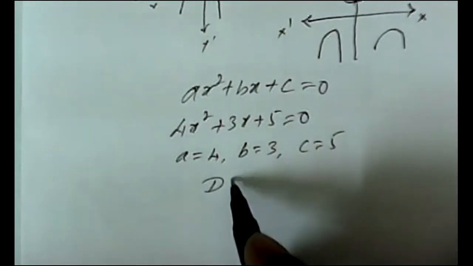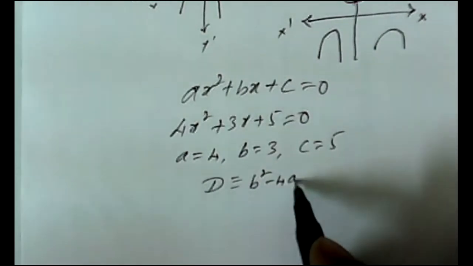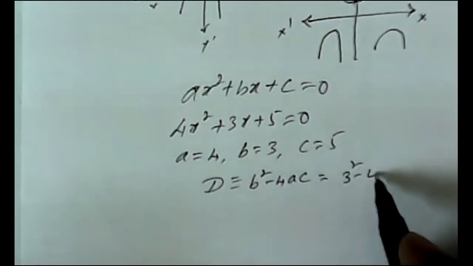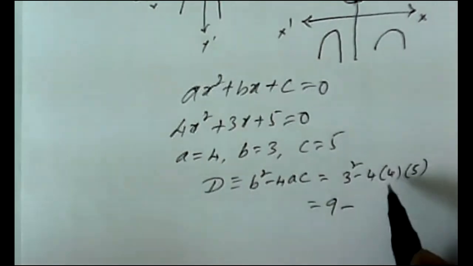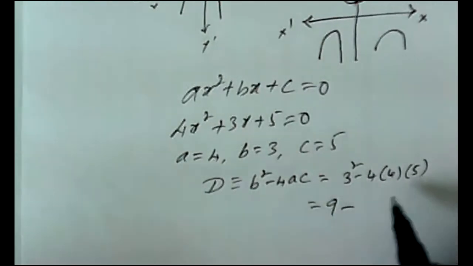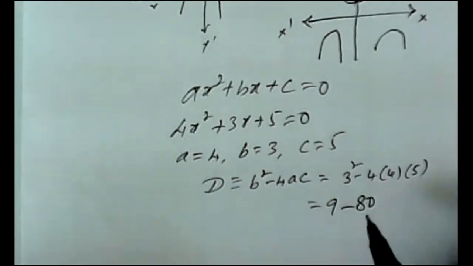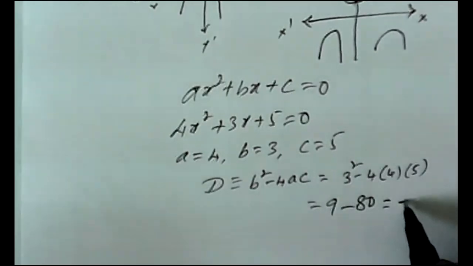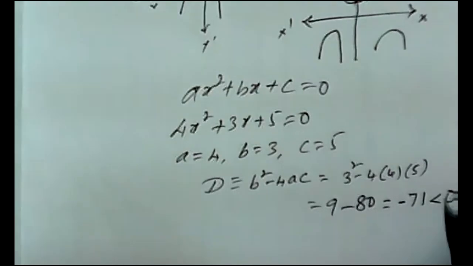So let's find our discriminant, which is identically equal to b square minus 4ac, equals to 3 square minus 4 times a times c. This is 9 minus 4 times 4 is 16, times 5 is 80. So what you get here? Bigger number having negative, so minus 71, which is less than 0, negative.